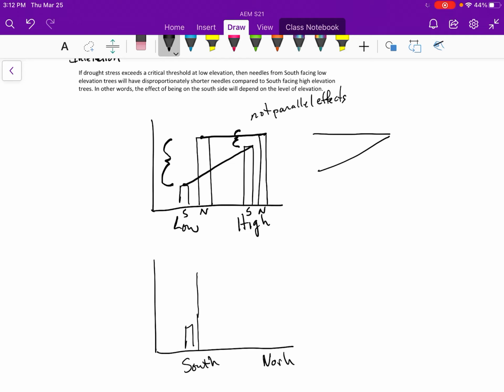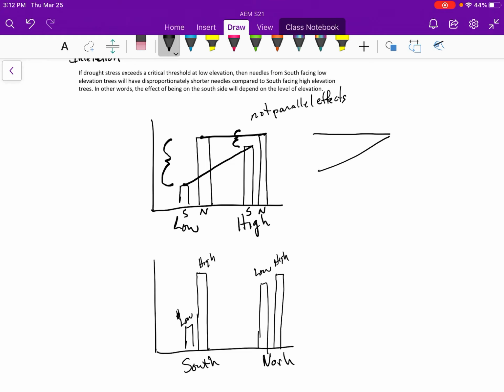South, north, at a high elevation, it's pretty long, right? So the south side of the tree was there, and on the north side of the tree, it's going to be a small effect, essentially. So this is going to be high elevation and low elevation, and this will be high elevation and low elevation.